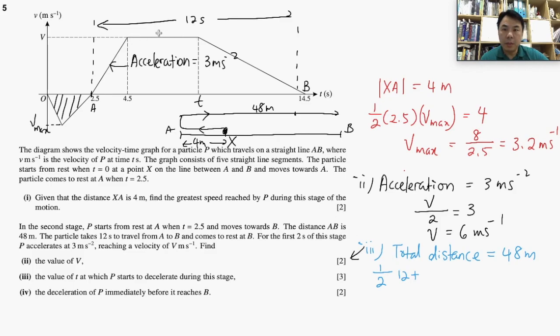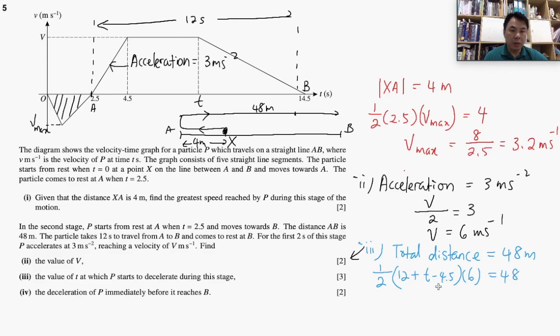So I just label this as this length is given as t minus 4.5. Hold on. Is t minus 4.5. Okay, and then multiply by v, which is 6. Then that will yield 48.